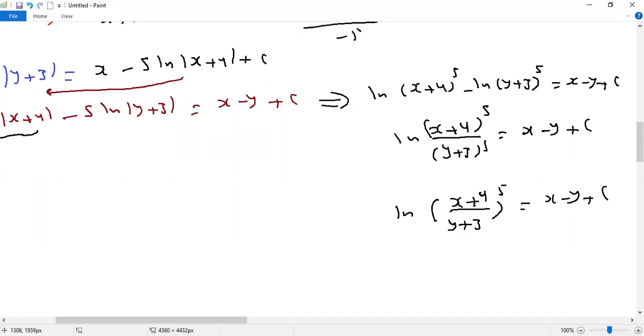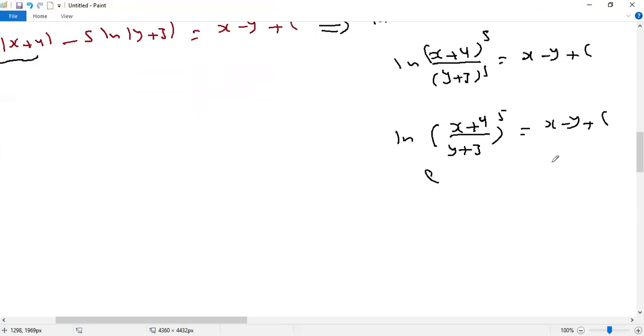So now take e on both sides. That means e and ln are inverse to each other. So I have only x plus 4 over y plus 3, to the power 5, equal to e to the power x minus y plus c.